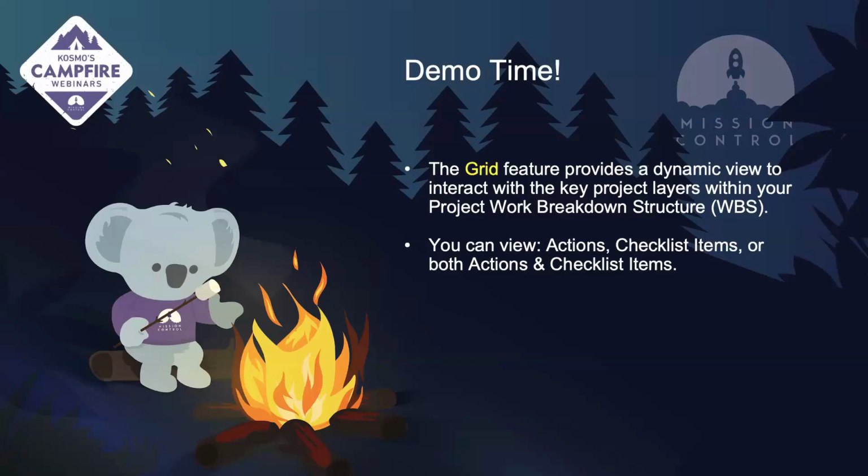But specifically, if we're just looking at the project itself, we have the child layers under the project. So you have your milestones, your actions, your checklist items, your phases, but specifically the grid allows you to view only the actions or checklist items or both the actions and checklist items in your project. So why is this important?